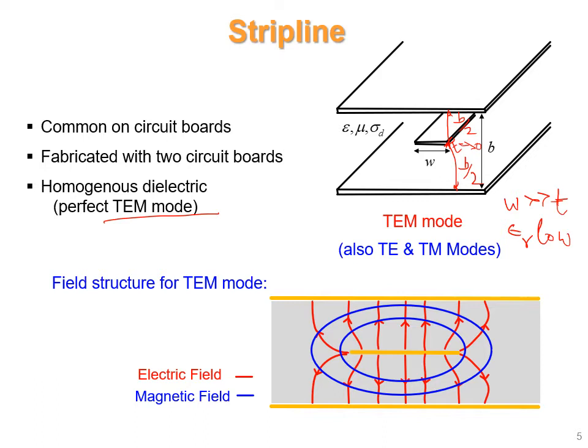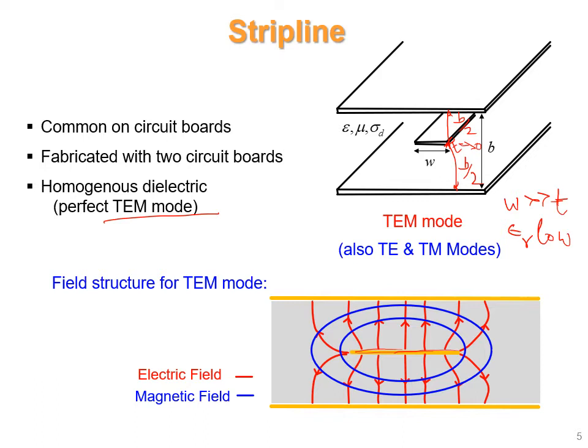If you see the field structure of this TEM mode inside the strip line, this center conductor resembles a strip line. Whatever electric field is generated across the strip line is indicated by red color lines.